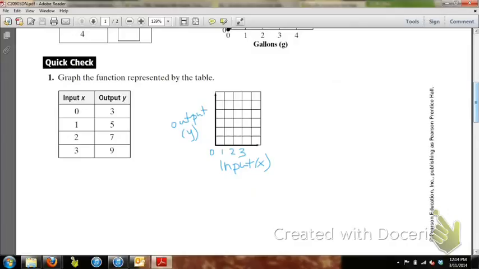Now, you have to get all the way up to 9, but we didn't give you that many, so you'll have to start with 0, then go up by the same amount. So you can go up by 2s if you want, so 2, 4, 6, 8, 10, and just figure out where these numbers would fall. Plot yourself 4 dots and connect them. Okay? Try that, and when you're ready, move on.